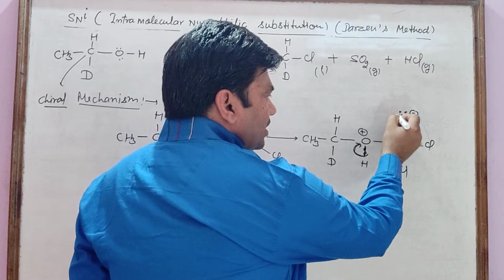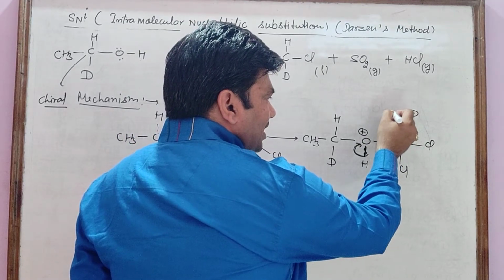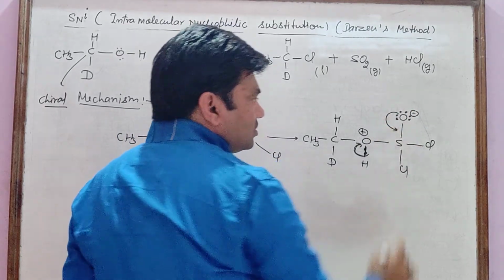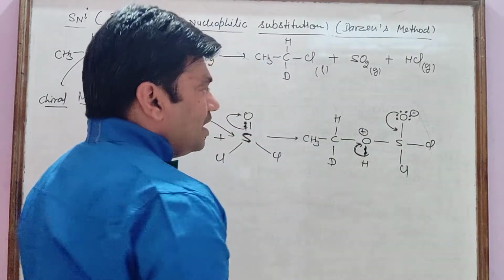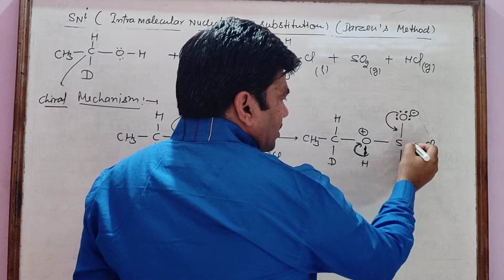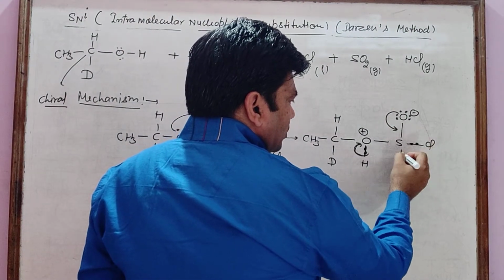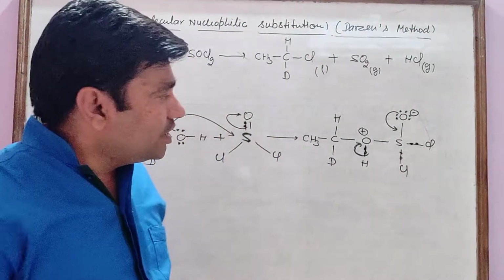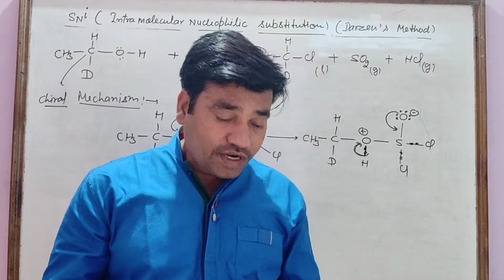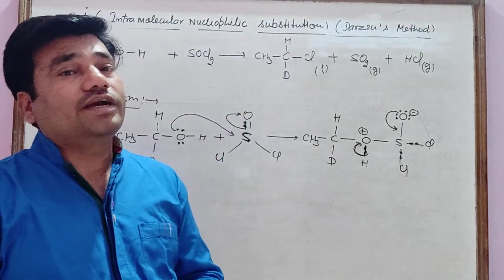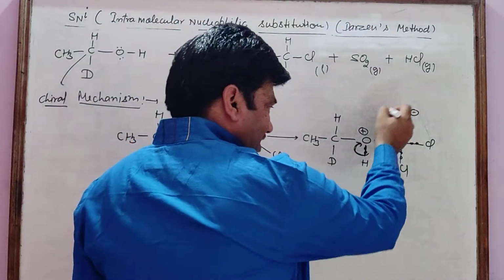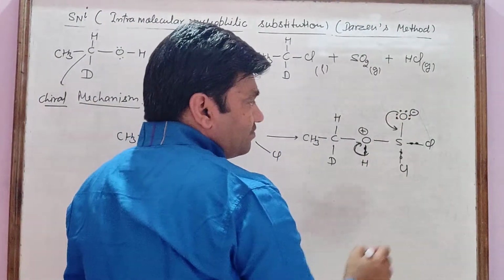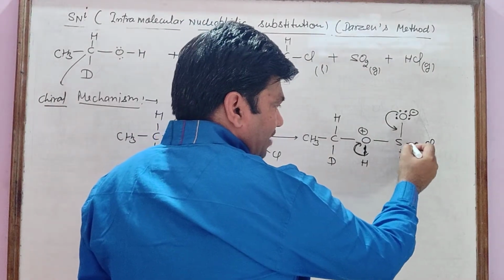And now these electron pairs will come to this bond again, and here you can see chlorine atoms are there. You know about it, chlorine atoms are good leaving groups. So when these electrons are coming towards the sulfur, then one atom has to leave.